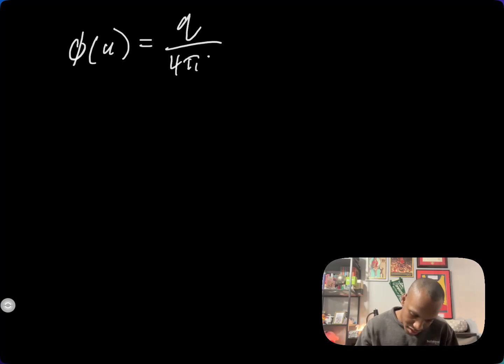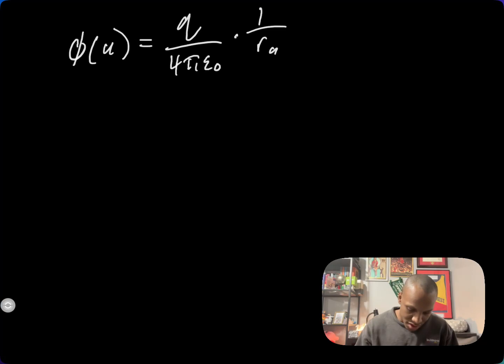We can use phi. Let's say phi at point A is equal to Q over 4 pi epsilon naught times 1 over RA.